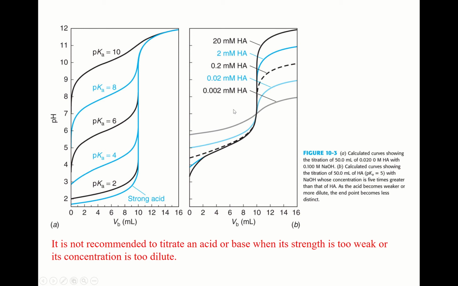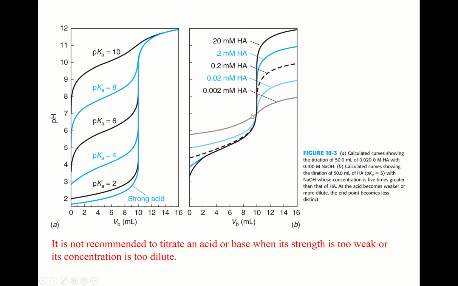So, for example, for 2 millimolar HA, the titration curve here, we start from here, and the step size becomes smaller. For the very low concentration of weak acid, 0.002 millimolar, this is the titration curve.